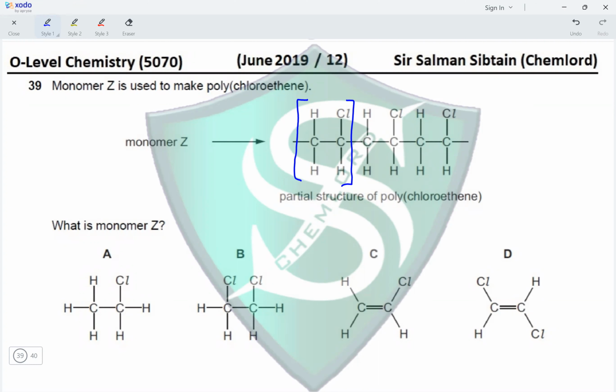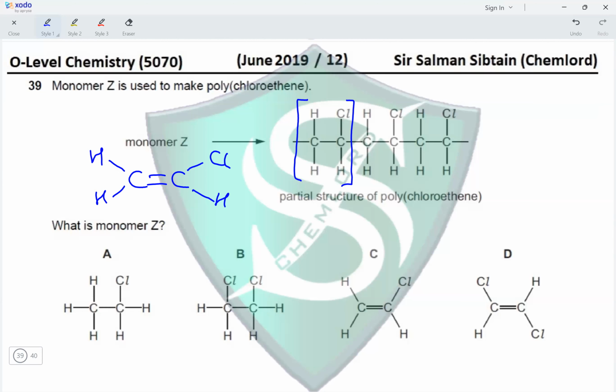So if this is the repeat unit, then the monomer Z would have a double bond between 2 carbon atoms. The carbon on the left will have 2 covalently bonded hydrogen atoms attached to it, and the carbon on the right will have a chlorine and a hydrogen atom covalently bonded to it. So this is the monomer Z, and now we compare this with the structures provided.